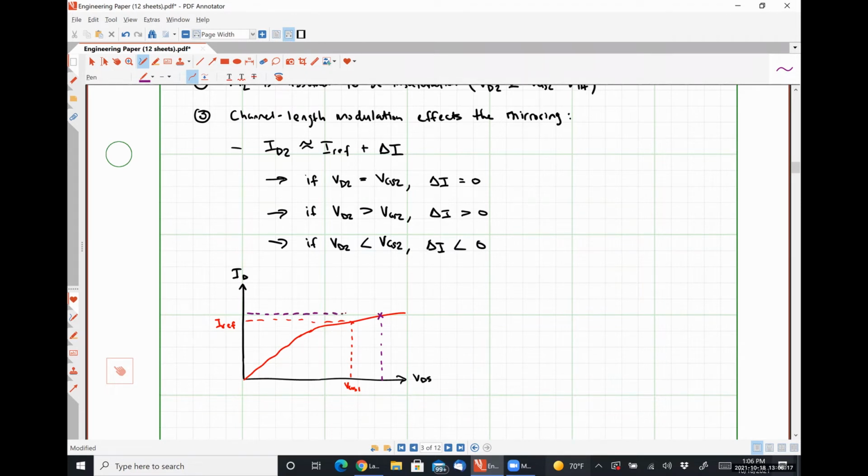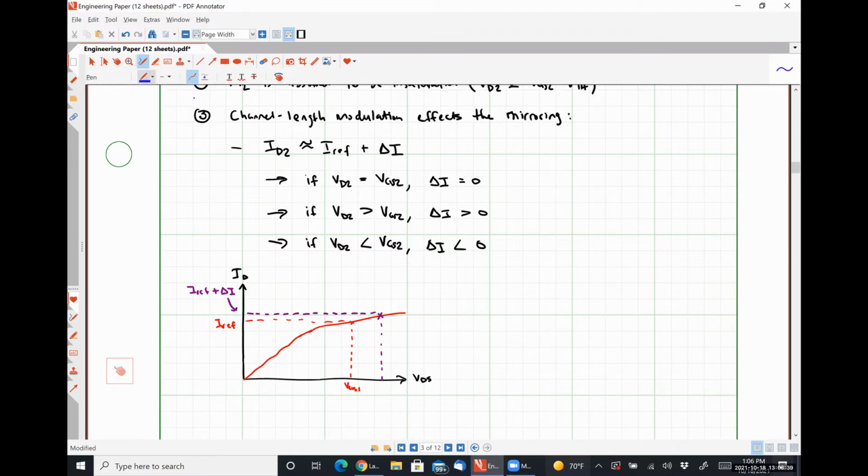Still going to mirror the current, but it's going to have that little bit of error included as well because of that small signal drain source resistance.